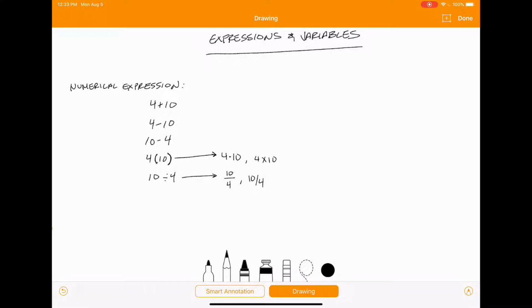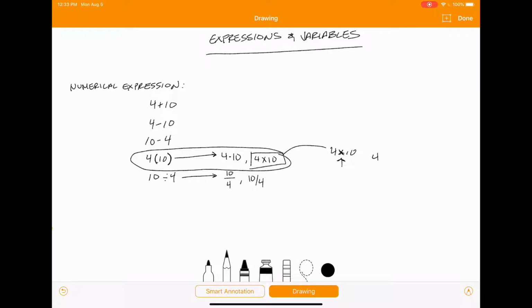Coming back up to this multiplication one here, I tried to avoid using this way of writing multiplication because in a minute you're going to see that we're going to get into variables, and your most common variable is an X, and so it can get confusing if this is a multiplication sign or if it's a variable.